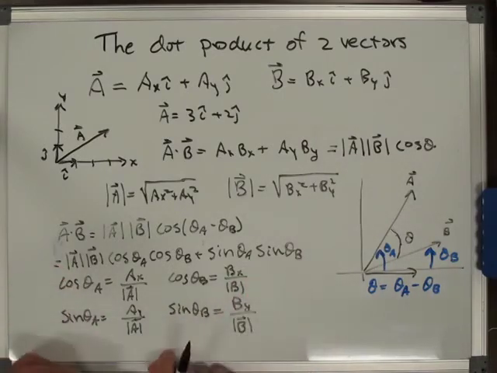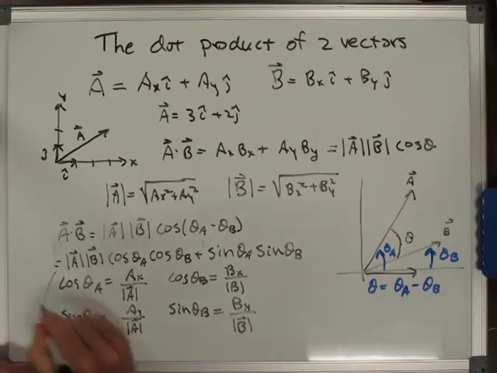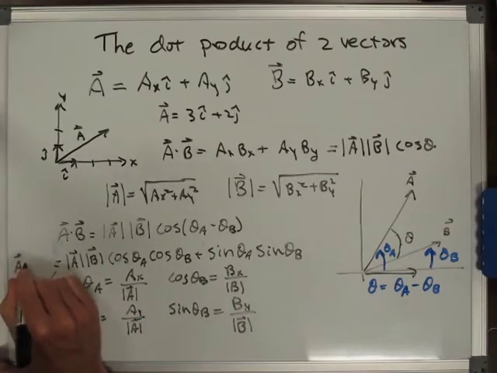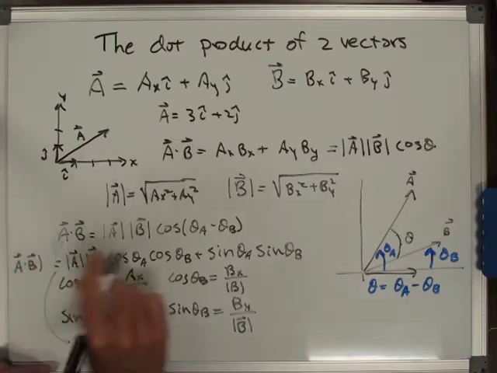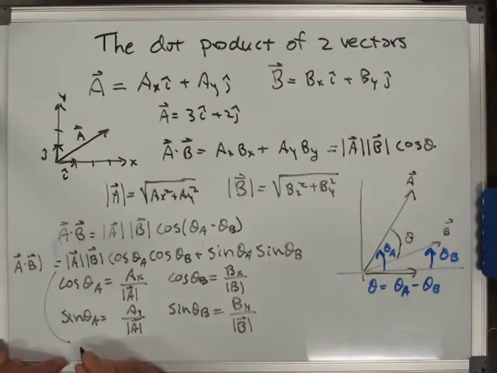And so if I write all this out, this thing here, which is A dot B, you could substitute in these guys if you want, or you can just write it this way.